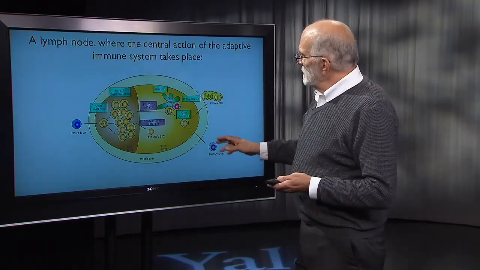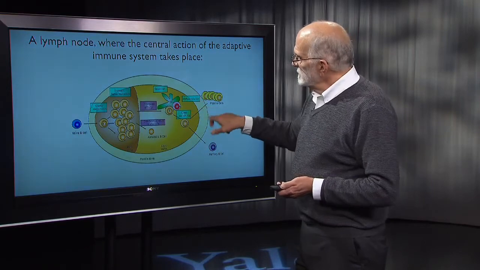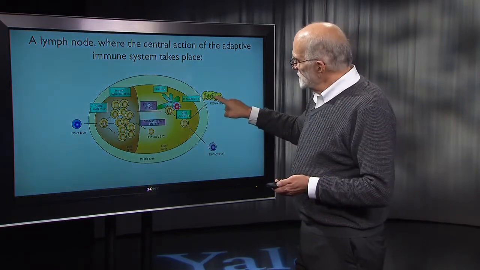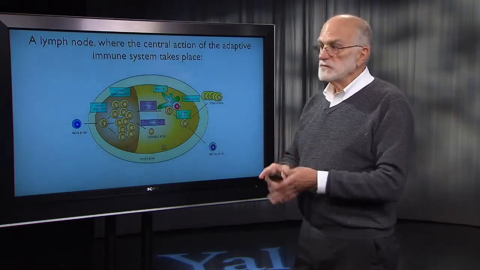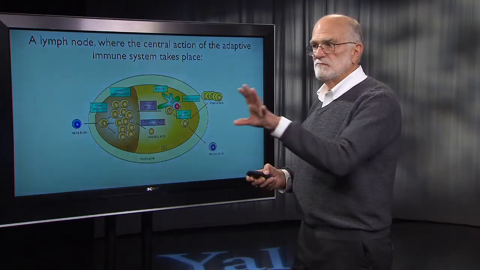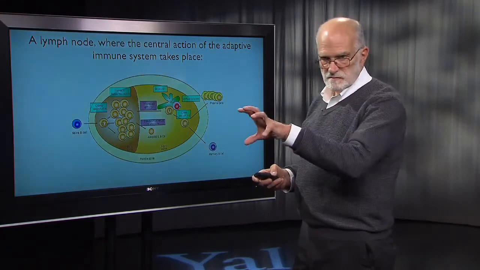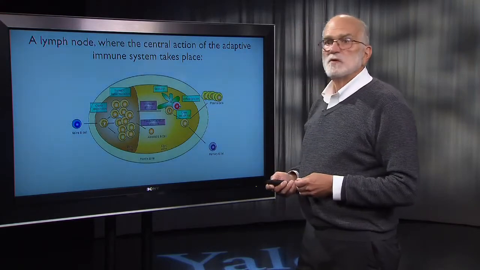And then there is some switching that goes on, and some of the B cells multiply, and they are going to be the ones that produce lots of antibody that goes out in the blood, and which can then bind to the invading pathogen. And other B cells are set aside and become memory.